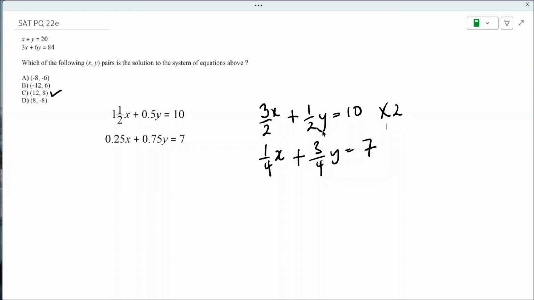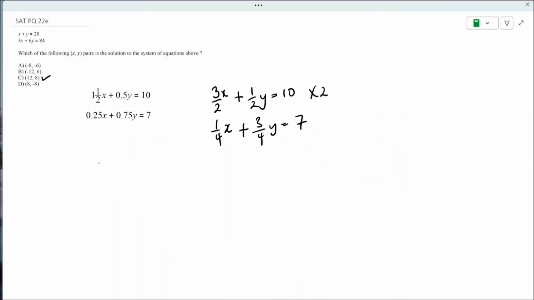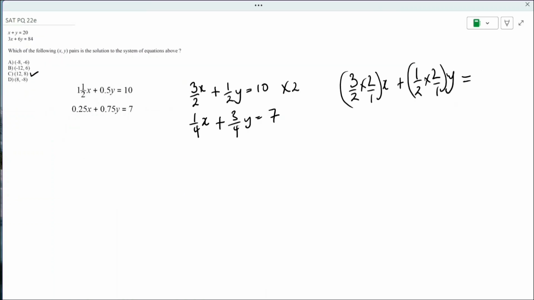Each of the coefficients and the constant, you multiply by 2. So for equation 1, we have 3 over 2 times 2 over 1 in bracket x plus 1 over 2 times 2 over 1 in bracket y equals 10 times 2.